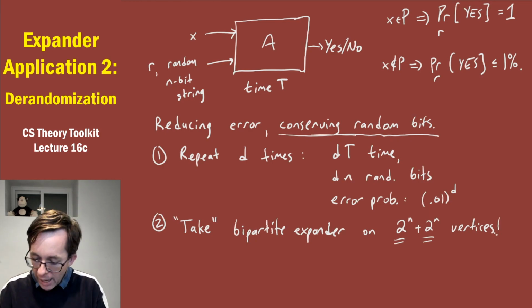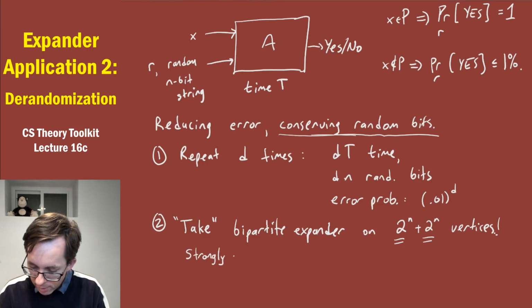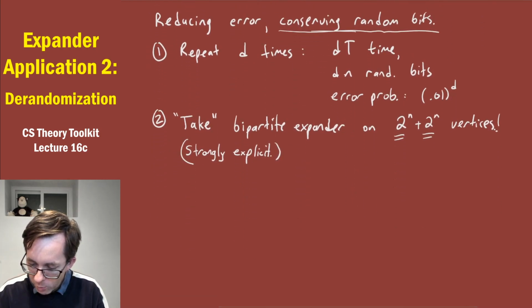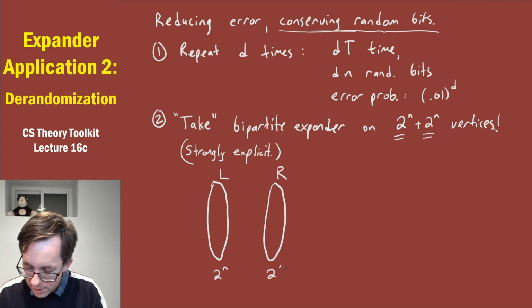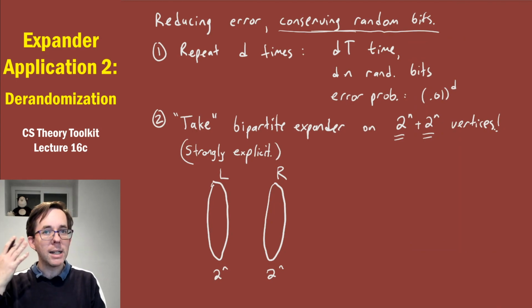What we're relying on here is this strongly explicit property. Let me remind you what that means. We're assuming these bipartite expanders are strongly explicit, so we don't literally write down the adjacency matrix of this bipartite graph, with vertex sets L and R with 2 to the n vertices each, but the algorithm mentally knows about it.